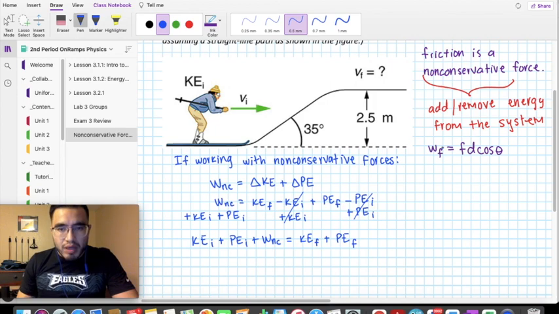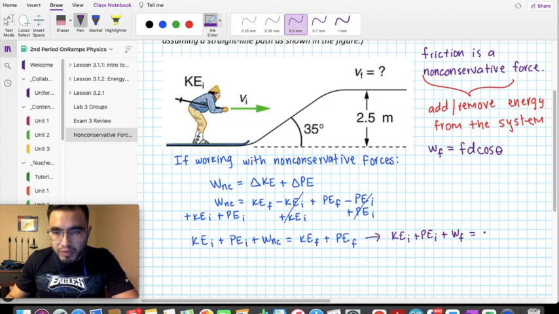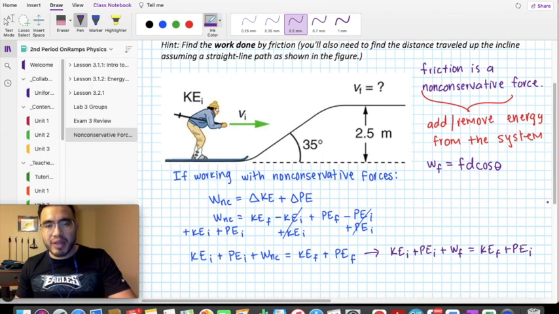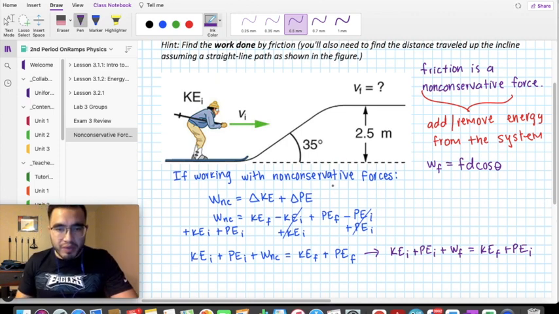So I know at some point I'm going to have to use an equation that looks like this: kinetic energy initial, plus potential energy initial, plus work done by friction, that's the non-conservative force, is equal to kinetic energy final plus potential energy final. Now we have an idea of what we need to do after this equation.